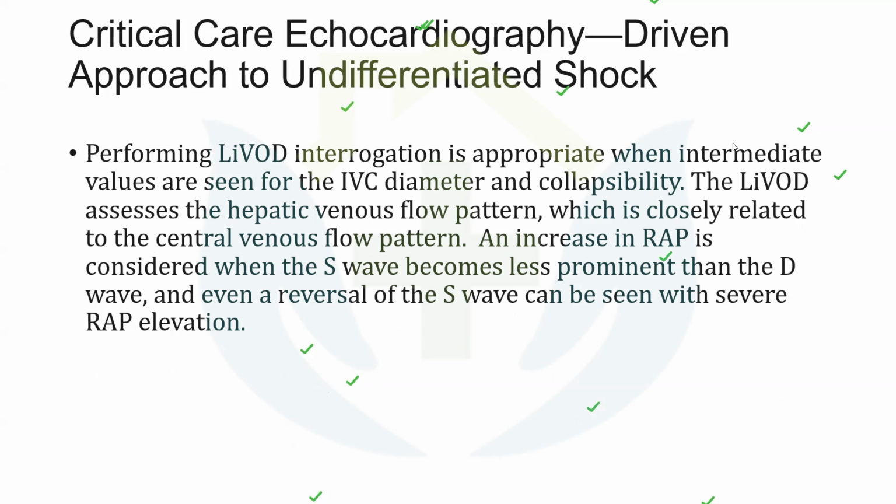An increase in the right atrial pressure is considered when the S wave becomes less prominent than the D wave. And even a reversal of the S wave can be seen with severe RAP elevation. I'm not going into details because it is a separate, huge topic. I'm just going through what is important to the shock state, but you should know how to do this.